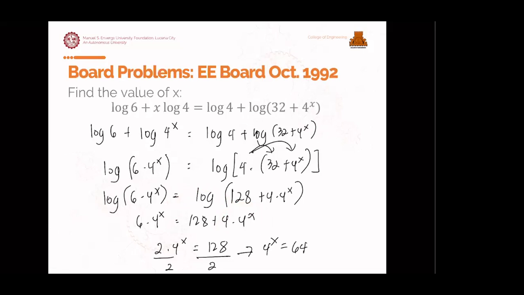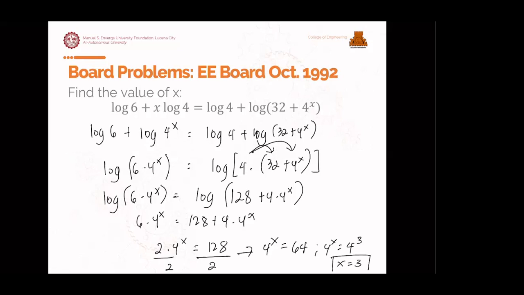And then we can think of a number we can raise 4 to so it equals 64. And we have that number: 4^x is equal to 4 raised to 3. So, same base. This means x is equal to 3.